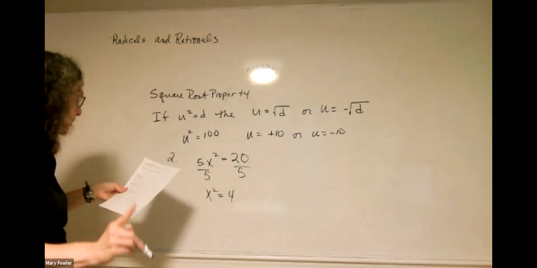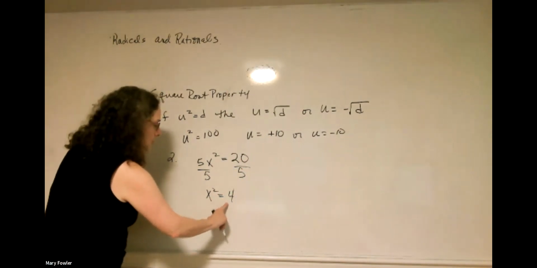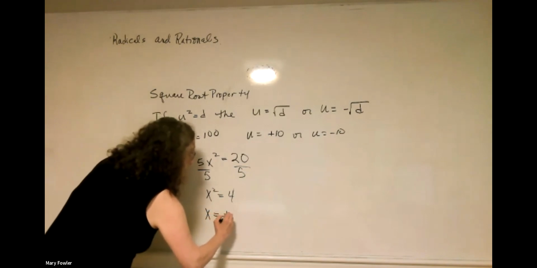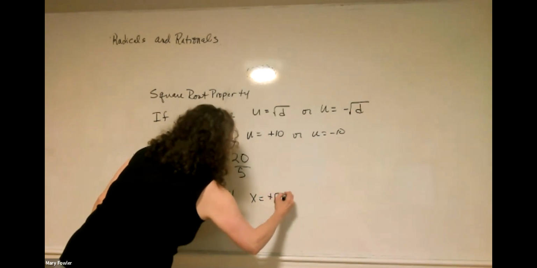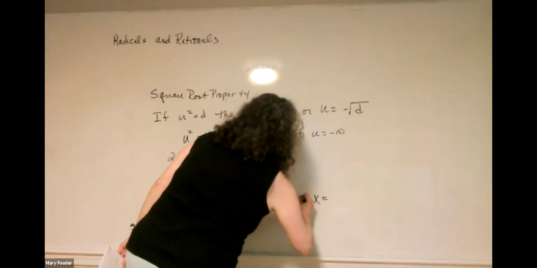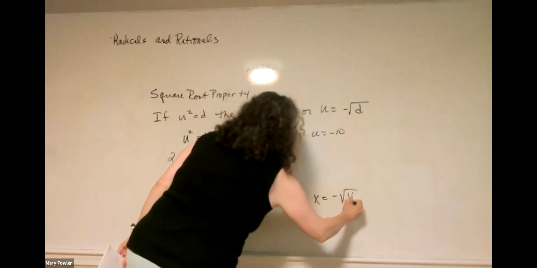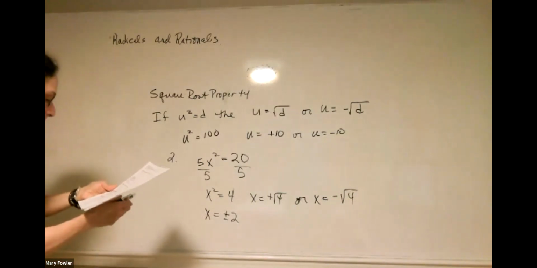And we're going to use the square root property. Then we're going to know that x is going to equal plus or minus 2. That is, x is equal to plus the square root of 4, or x is equal to minus the square root of 4. Okay, x equals either plus 2 or minus 2.